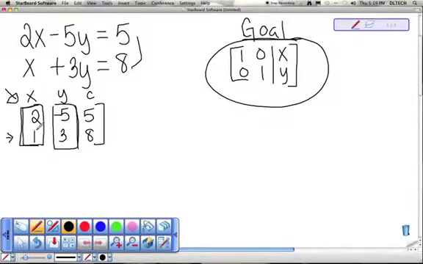So what we can do is interchange the rows. So now we'll interchange row 1 and switch it with row 2. And we'll rewrite it.